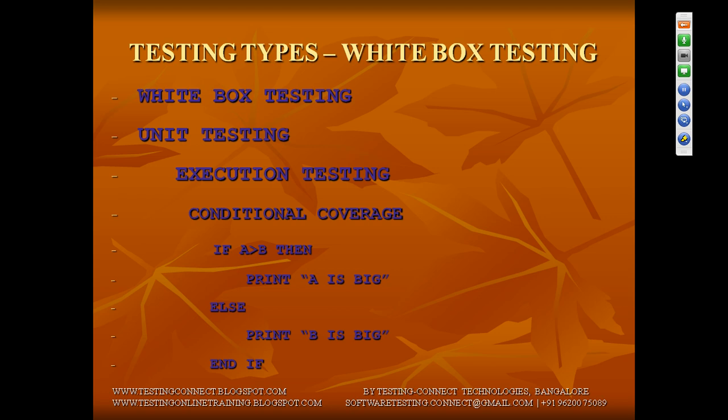Even if 1 comma 0 you are passing, it will display b is big, but that is wrong, right? So if a greater than b, print b is big, else print b is big, and you pass 20 comma 10, 20 for a, 10 for b, it will display b is big, but that is wrong.